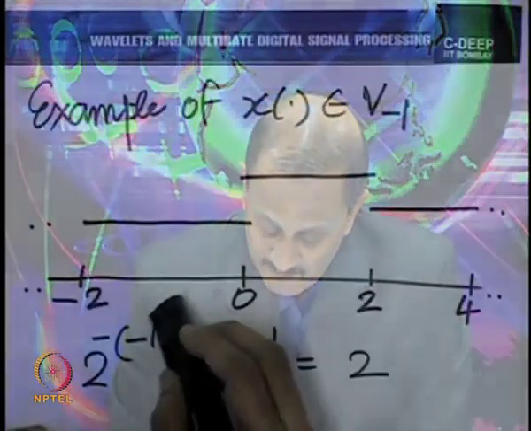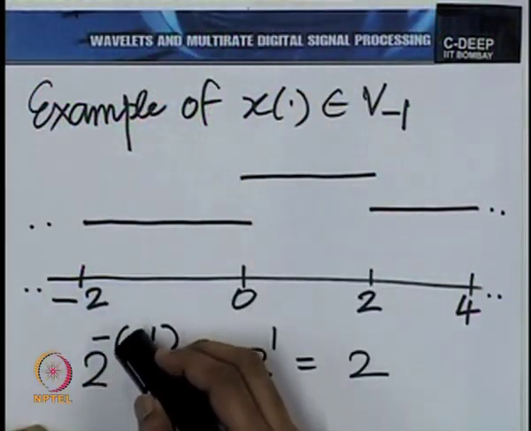And for that matter, if a function belongs to V 1, which means that it is piecewise constant on the standard half intervals, it is automatically going to be piecewise constant on the standard 1/4 intervals. To exemplify this, let me go back to this example of x belonging to V minus 1 that I have here.